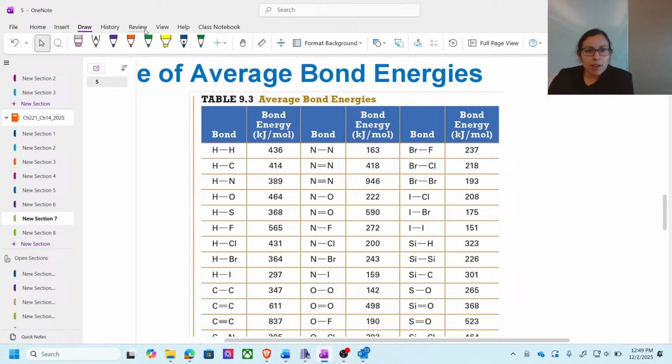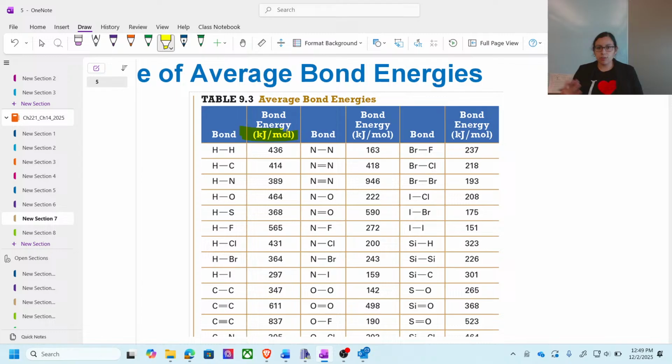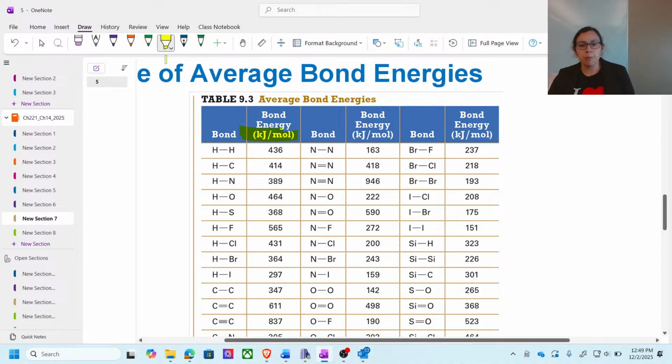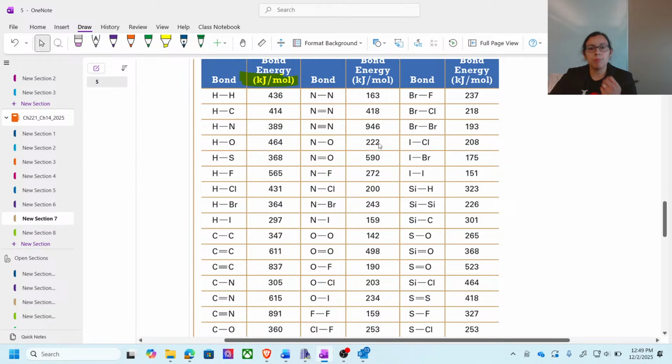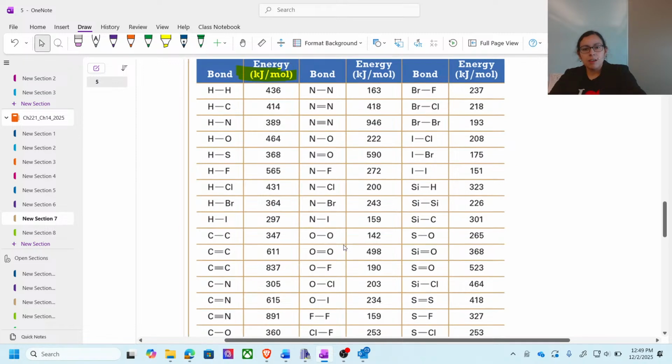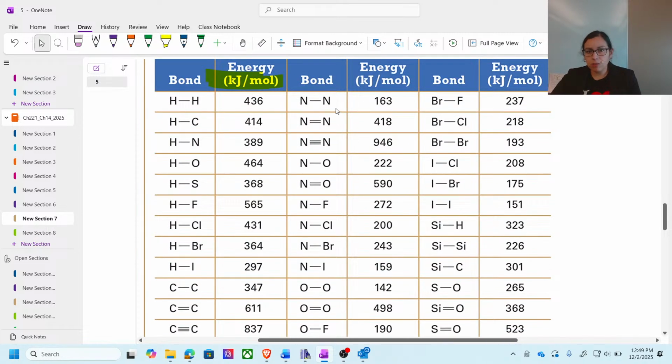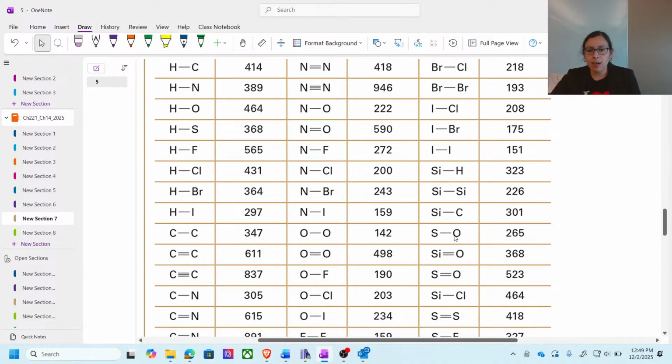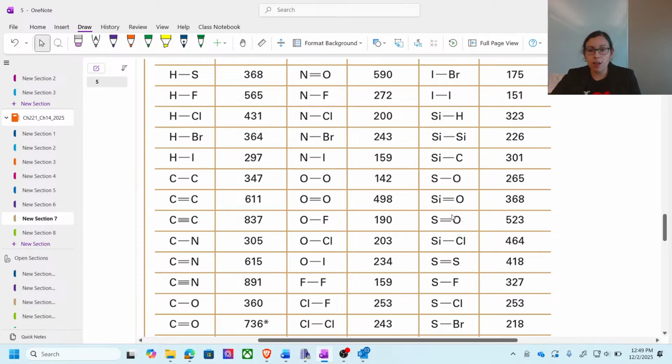We tend to be in kilojoules, but you can look at other charts and might find other bond energies and other units of measurement, so just watch the scale appropriately. We'll come back to this, but you can already get a sense of the strength of bonds. A single bond is weaker than a triple bond, that sort of thing, so you can compare bond strengths.